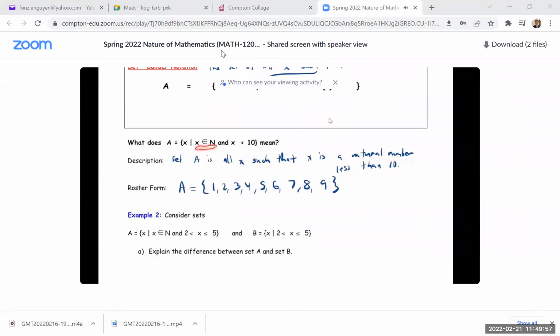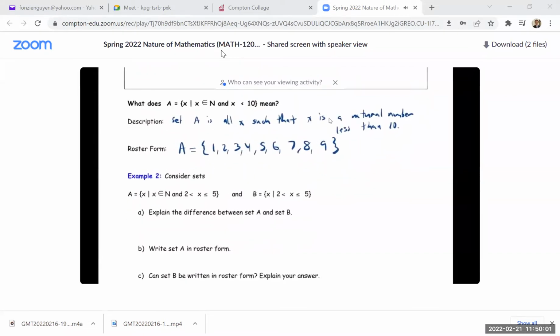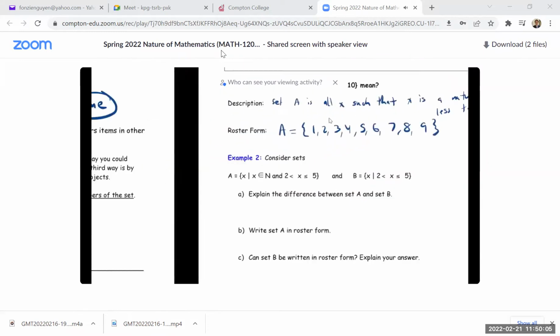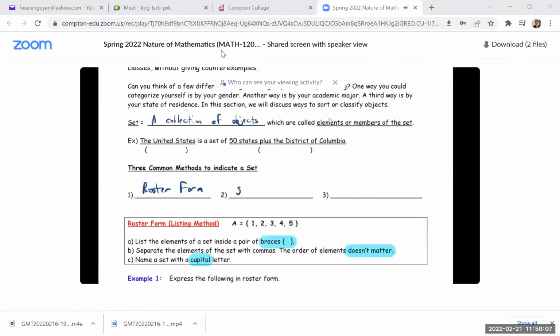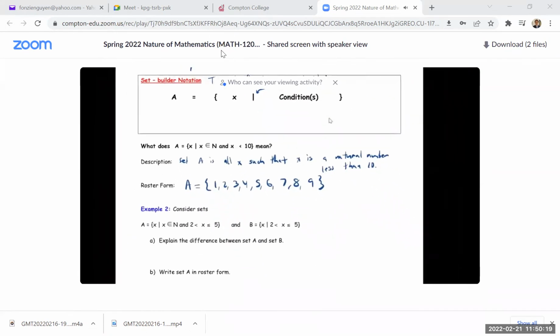Here's the natural number part, and here's the less than 10 part. All right, so that's called set builder notation. If we go back to our notes over here, I would write set builder notation. All right, so that's the second type of set notation.